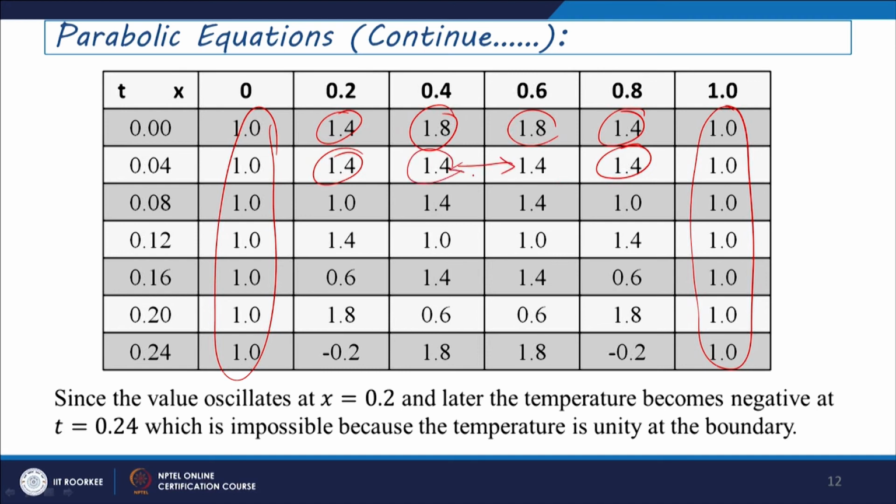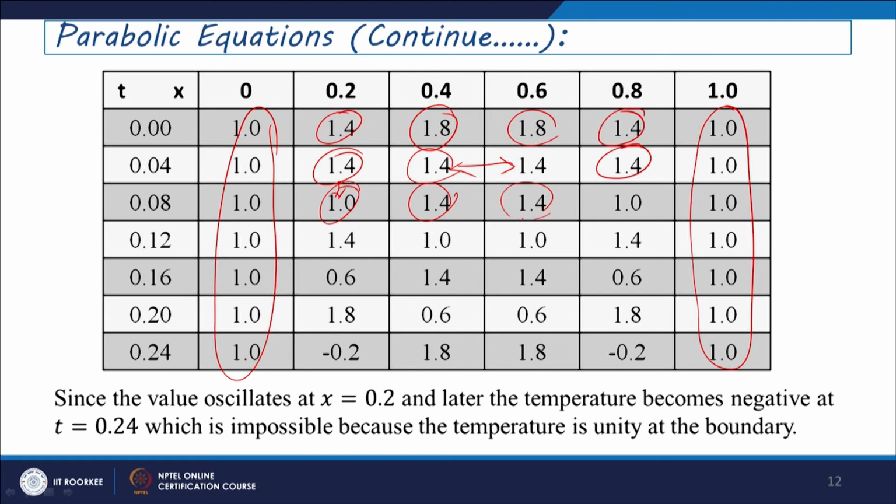But if we proceed further, you can find that there is an oscillation occurring here. The value decreases again to 1.0, which satisfies the boundary condition again, and 1.4 also appears along 0.6 due to symmetry.